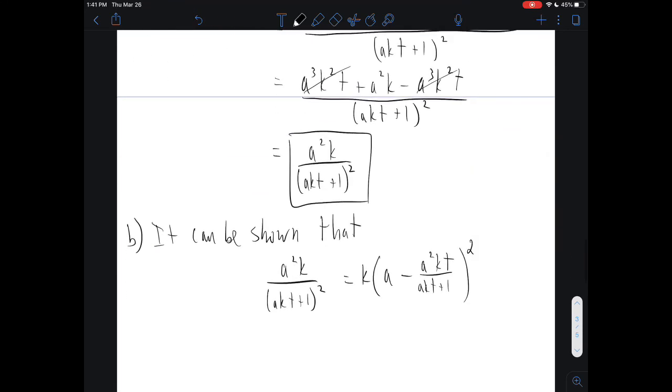So you can take a couple minutes and work that out. You'll see how that actually works out.